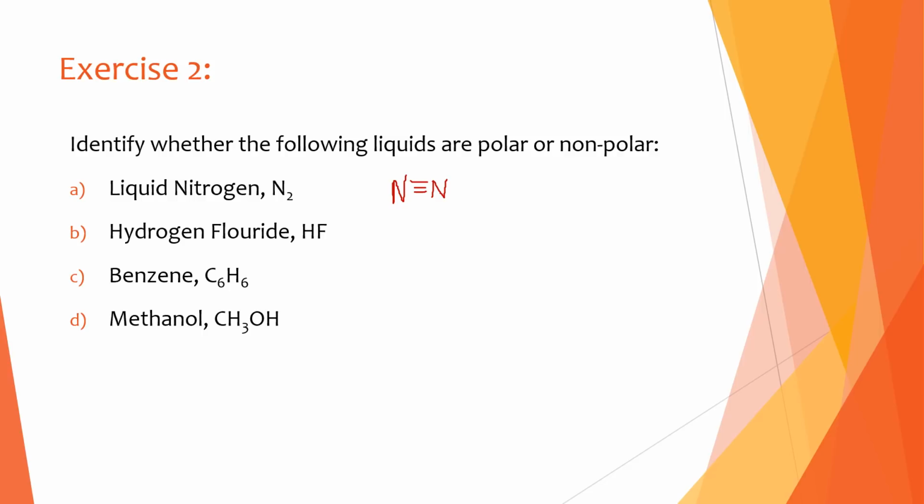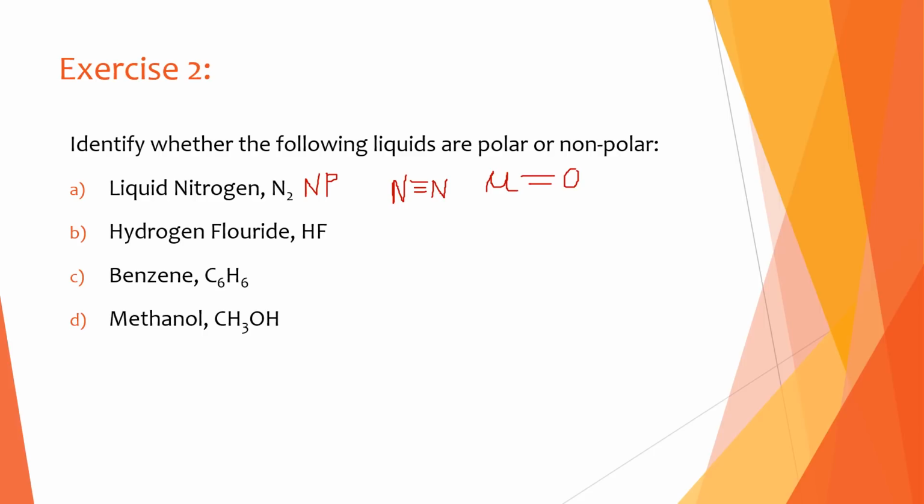Liquid nitrogen doesn't have any polar bond, because both the side atom and the central atom are the same. If it doesn't have any polar bond, that means it doesn't have any dipole moment. So the dipole moment equals 0, and liquid nitrogen is non-polar.